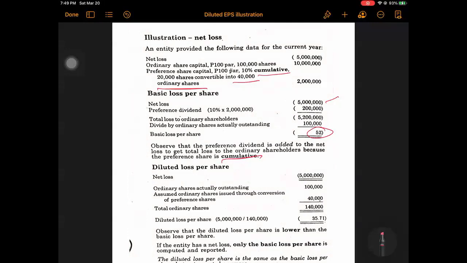How about the diluted loss per share? When you say diluted loss per share, what will happen to your basic loss per share? Increase or decrease?